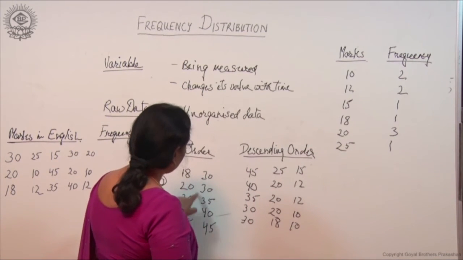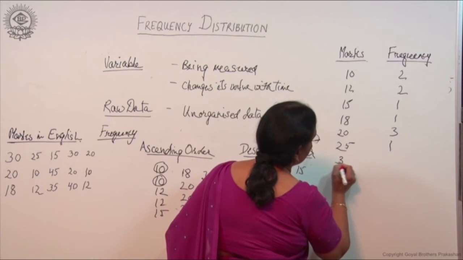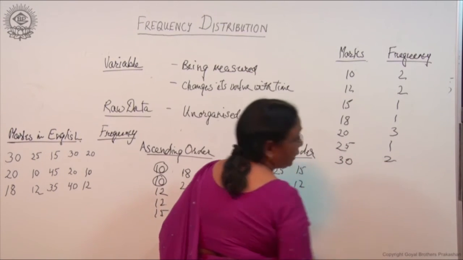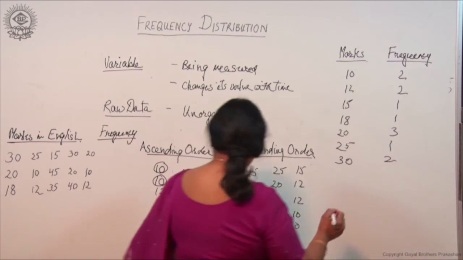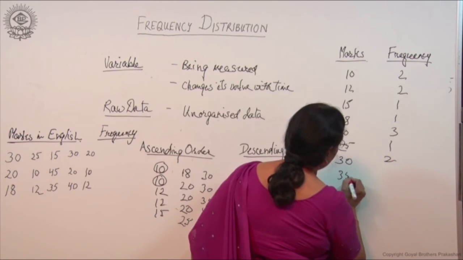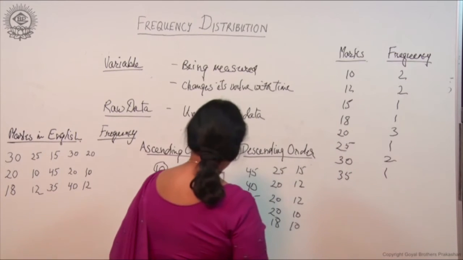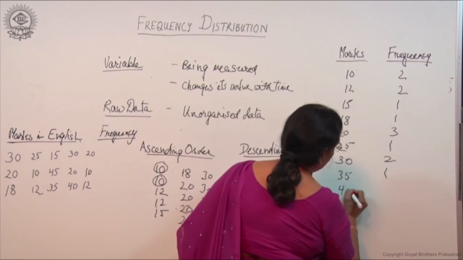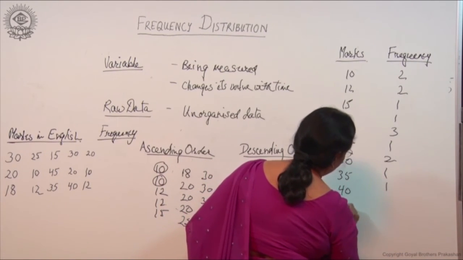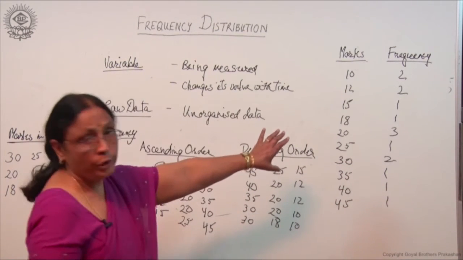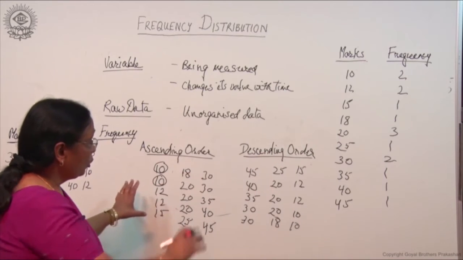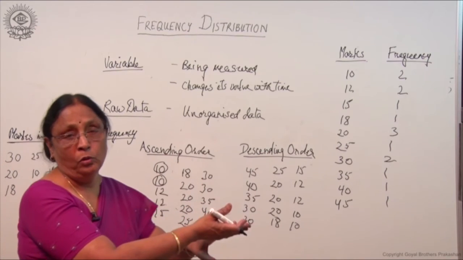Then we come to the next one, that is 30. 2 children have scored 30 marks. Then 35. Only one. And then 40. 1, and 45. 1. This is known as a frequency array because you are compacting the data now.